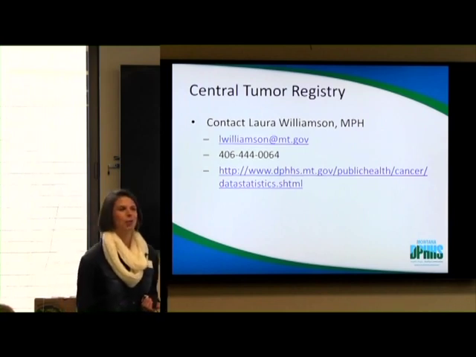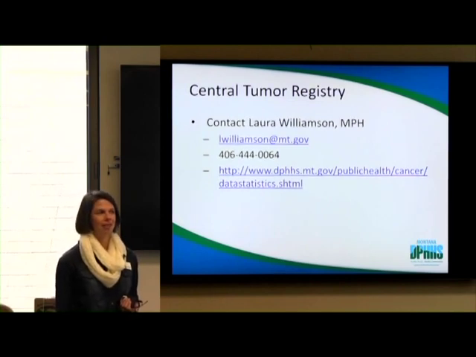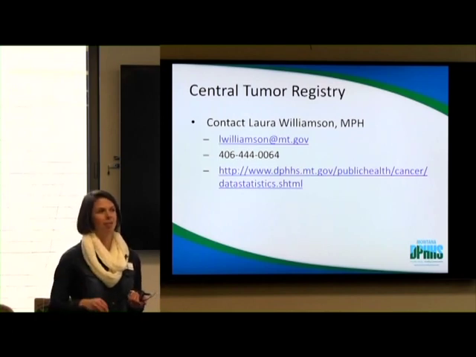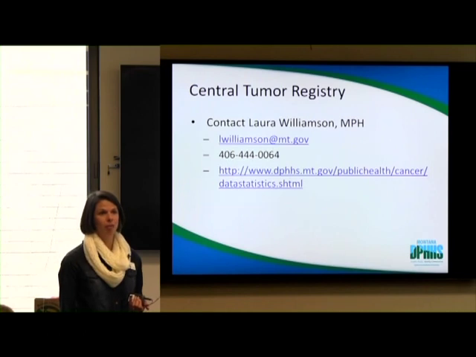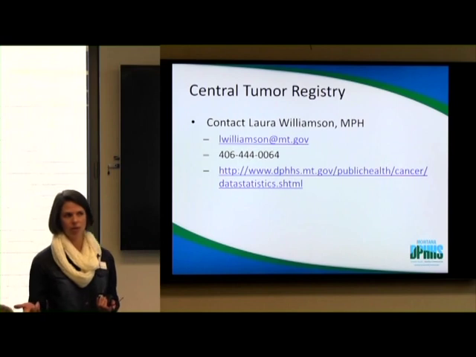We're getting to a point where we could start to do hotspot mapping. I recently geocoded several years of data, so now I can put points on a map and we can start looking at geographic variations in the data. I often get calls from citizens or politicians or other state departments wondering about the connection between especially our Superfund sites and possible cancers related to that.